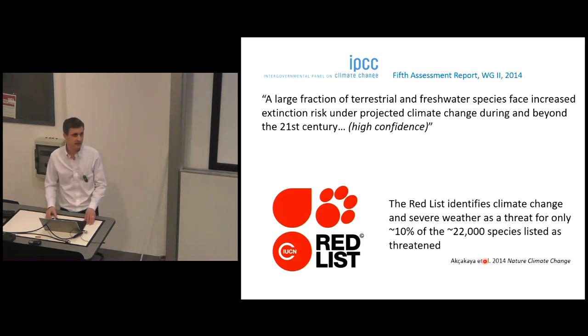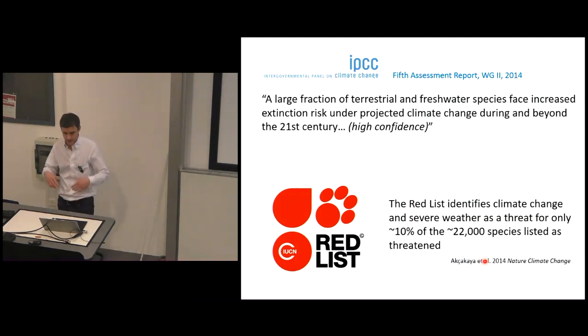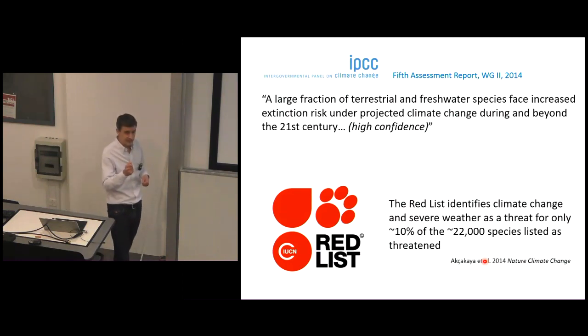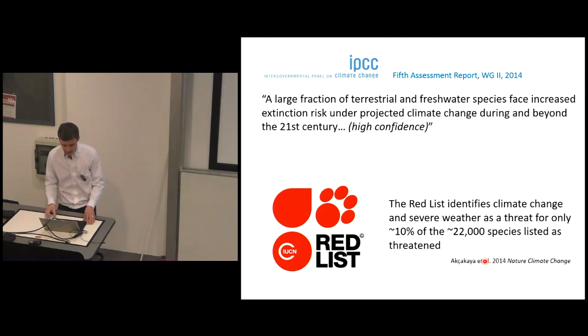It's widely regarded as the most authoritative system for classifying species according to their extinction risk. Many of us in this room and colleagues throughout UCL and at the Institute of Zoology as well have really been core players in the Red List, its development and its application.